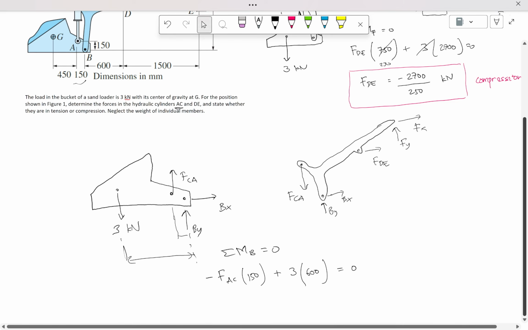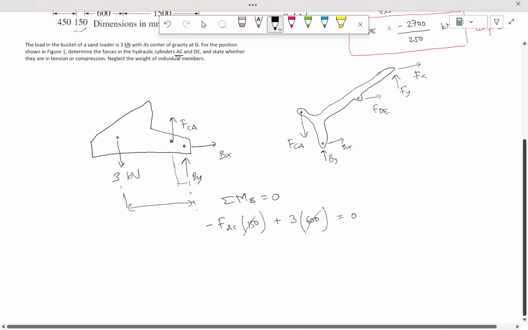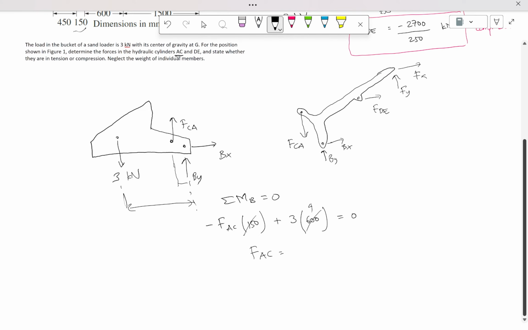That's it, equals 0. You cancel it out, and your FAC will equal 12 kilonewtons.